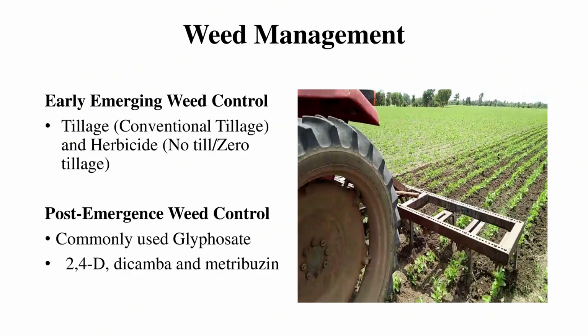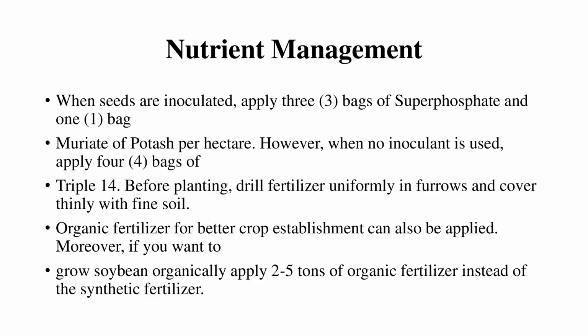For nutrient management for soybean, when seeds are inoculated, apply 3 bags of single superphosphate and 1 bag of muriate of potash per hectare. However, when no inoculant is used, apply 4 bags of 14-14-14, which we call complete fertilizer.